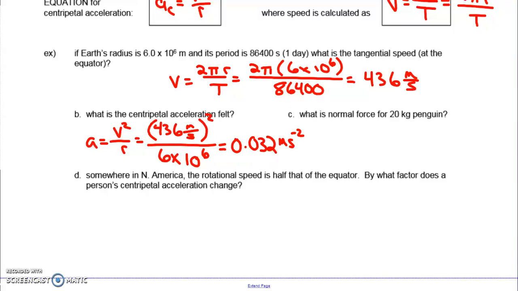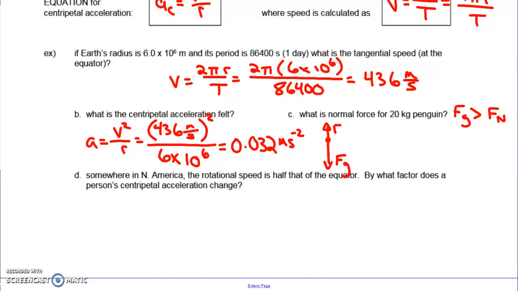If I want to know what the normal force is on that 20-kilogram penguin, what I want to do is first draw a free body diagram. What we said before is that the force of gravity must be greater than the normal force in order to accelerate inward. So let's draw my free body diagram to show that. There's my force of gravity.